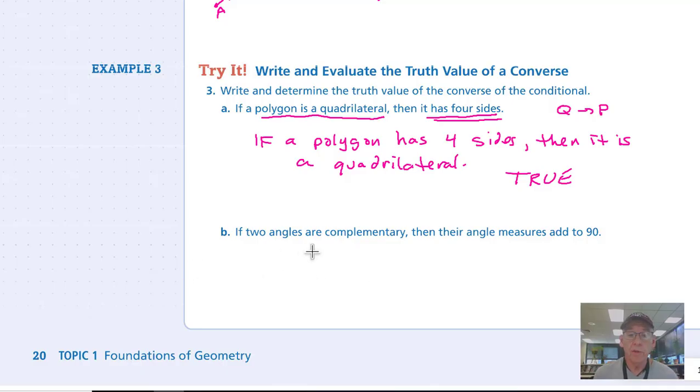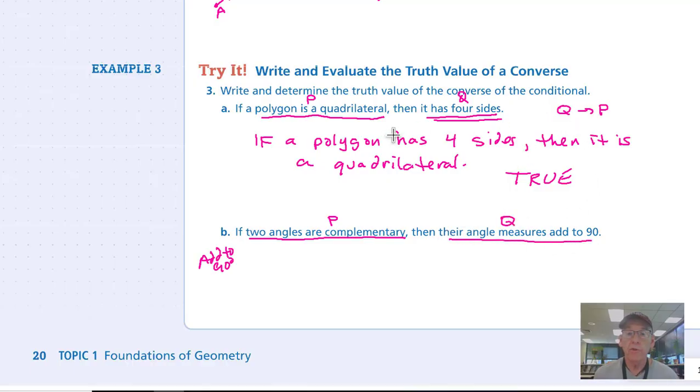Let's look at the next one. If 2 angles are complementary, now 2 angles are complementary means add to 90 degrees, then their angle measures add to 90 degrees. So this is actually another definition. So we want to form the if part, the hypothesis is up here, and this is the conclusion.